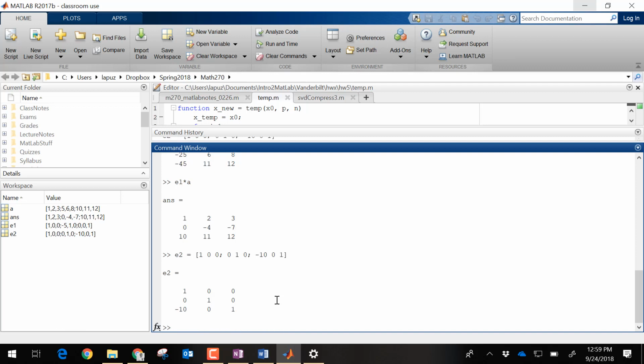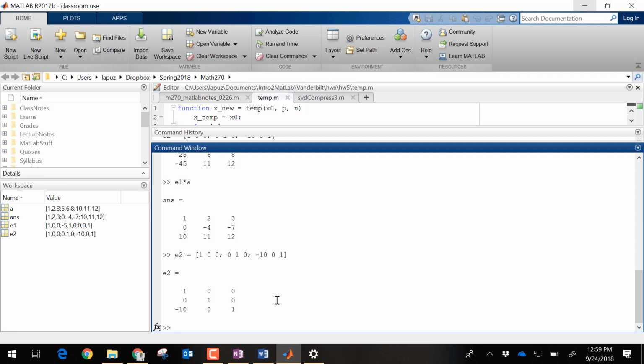If we take the identity, again, you have to go back to the identity. You multiply the first row by negative 10 and add it to the third row. Then this is our matrix.